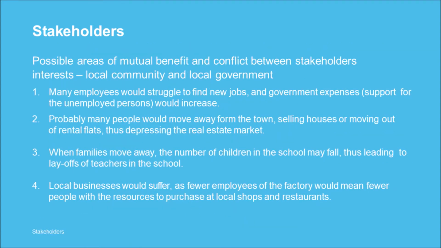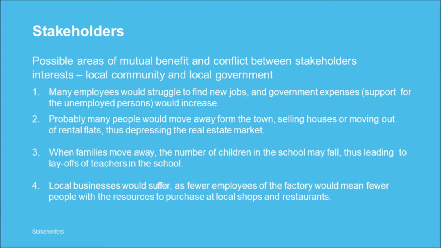Possible areas of mutual benefit and conflict between stakeholders' interests: local community and local government. 1. Many employees would struggle to find new jobs, and government expenses, support for the unemployed persons, would increase. 2. Probably many people would move away from the town, selling houses or moving out of rental flats, thus depressing the real estate market. 3.